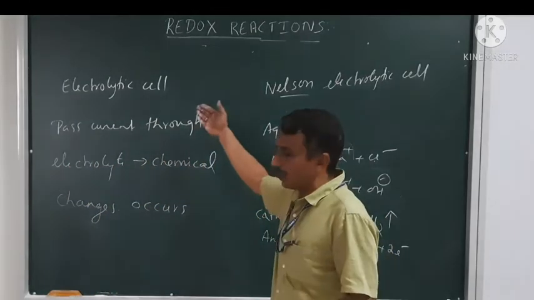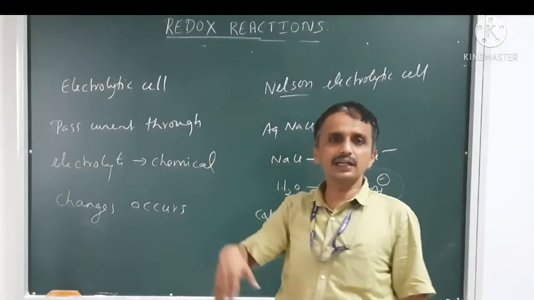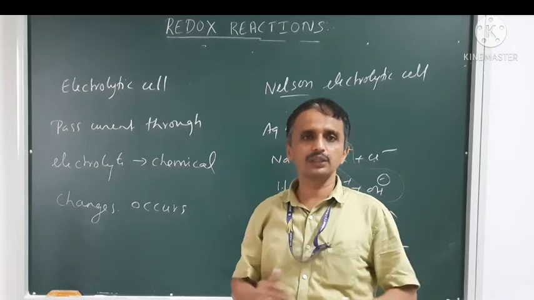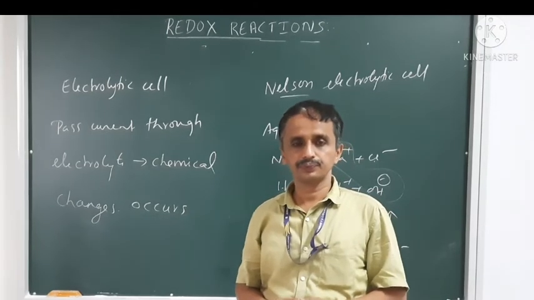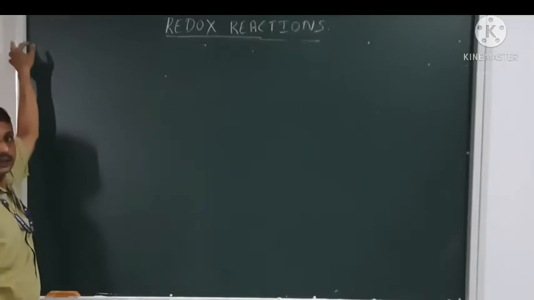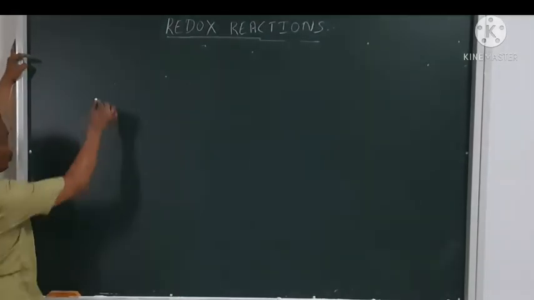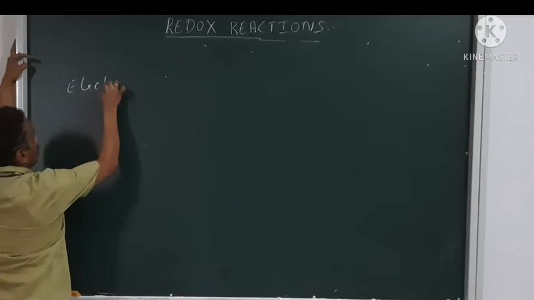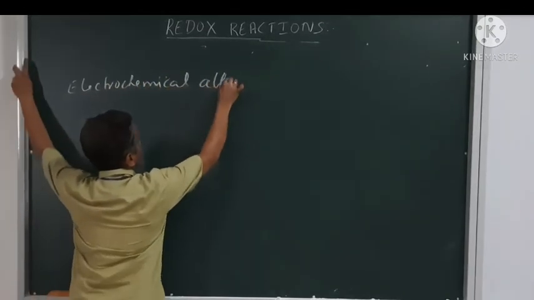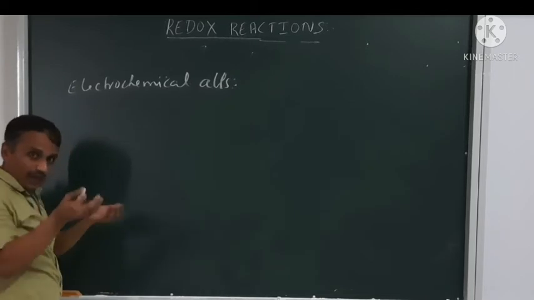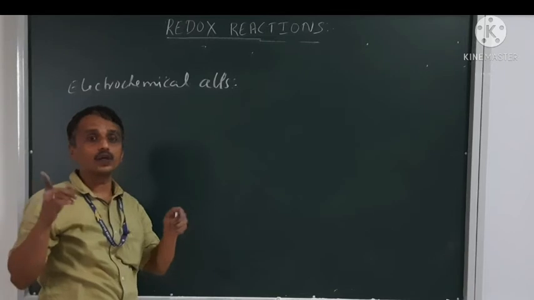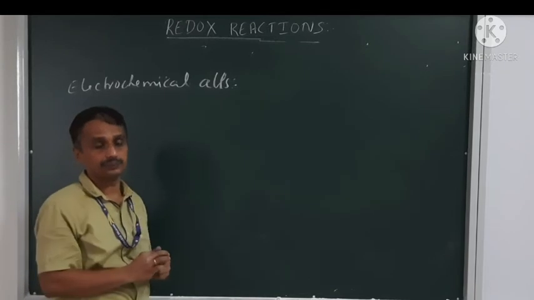So, in the electrolytic cell, we are passing the current, and because of that, certain chemical changes occur. Whereas in the electrochemical cell, like Daniell cell, Galvanic cell, we are getting the electricity because of the certain redox reaction taking place in that cell.